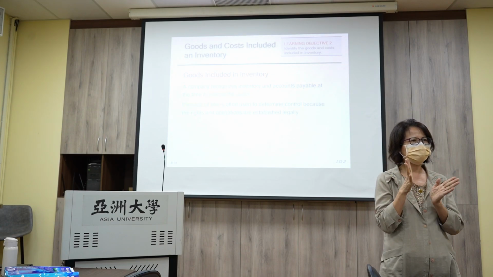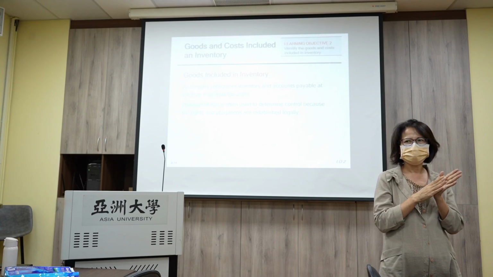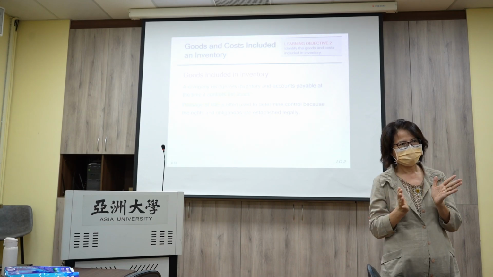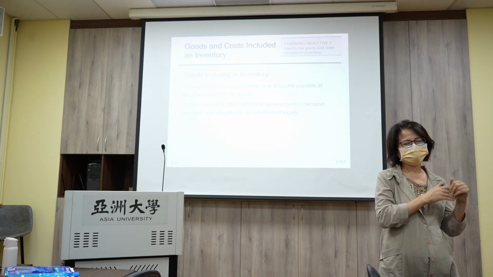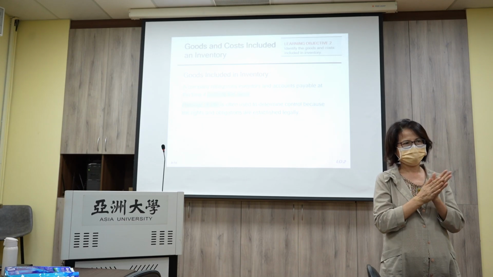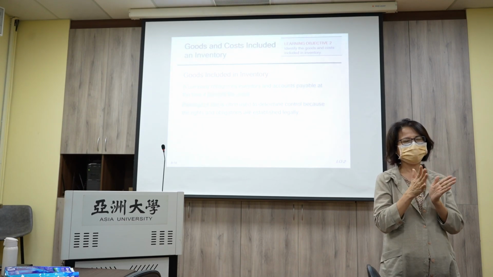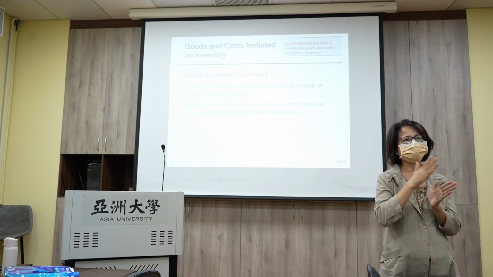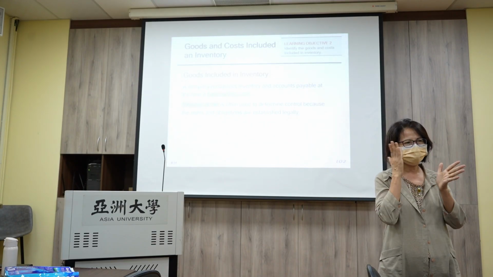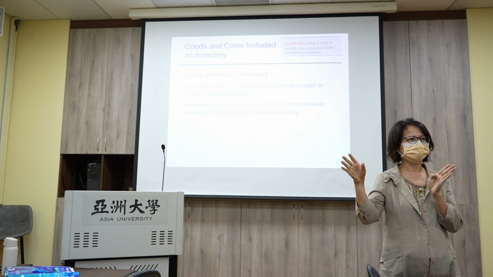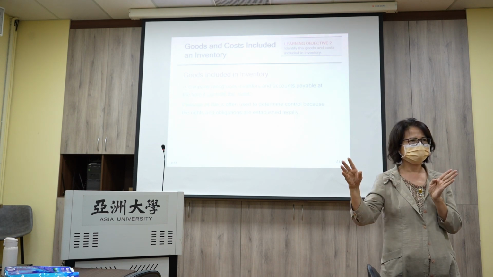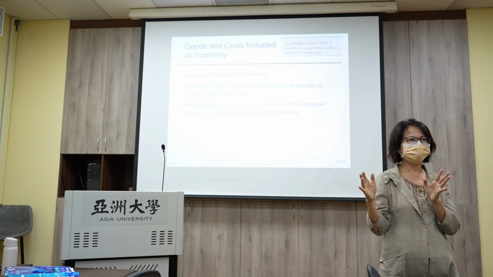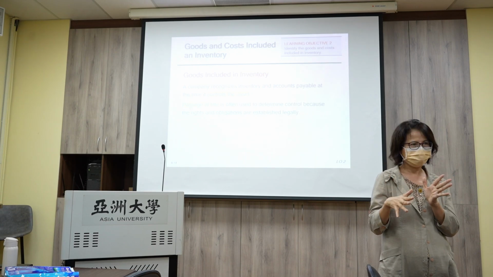The carrier means like if you have the truck or the ship, so you discharge your goods at that point to the carrier, all right, and the title or the control passes to the buyer. So after that point, all the risks and all the charges will belong to the buyer. All right, that is the FOB shipping point.